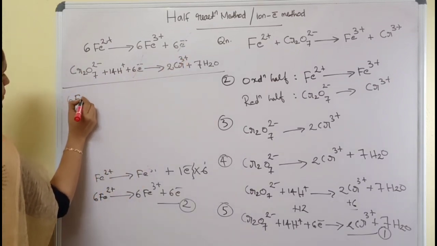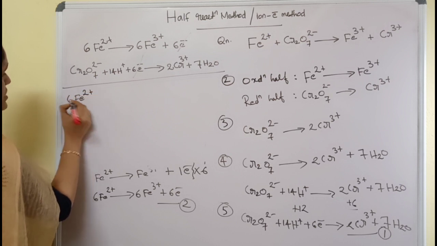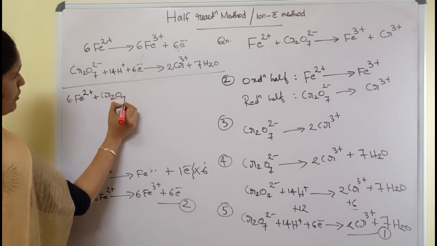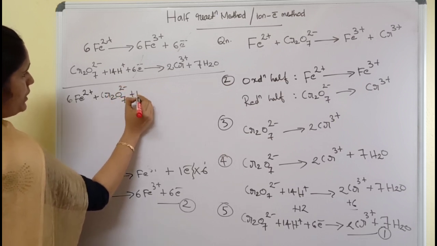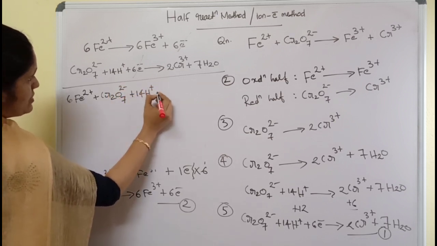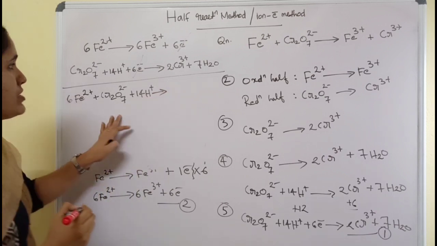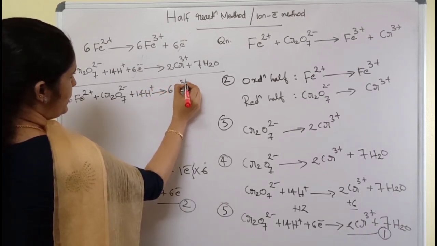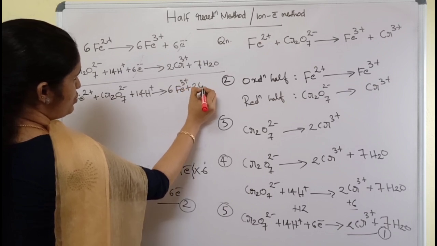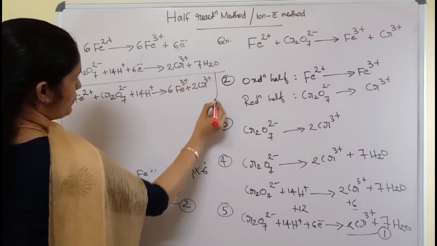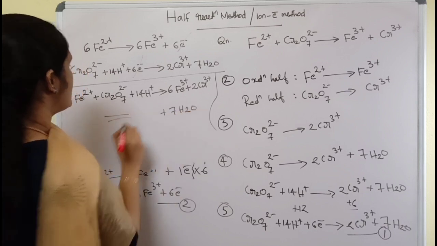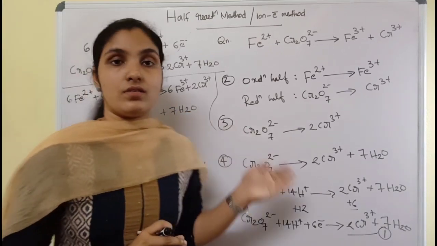That is, the equation becomes 6 Fe2 plus plus Cr2O7 2 minus plus 14H plus on the left hand side, and on the right hand side 6 Fe3 plus plus 2 Cr3 plus plus 7H2O. So this is the finally balanced equation.